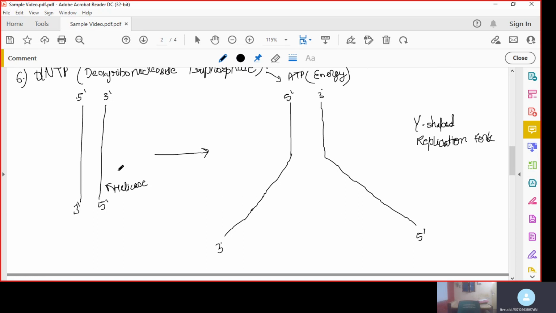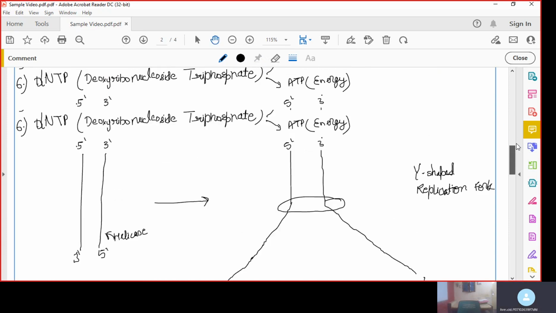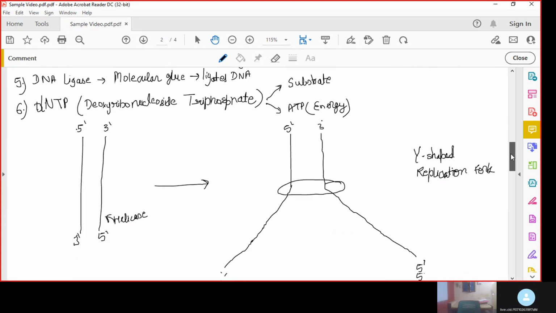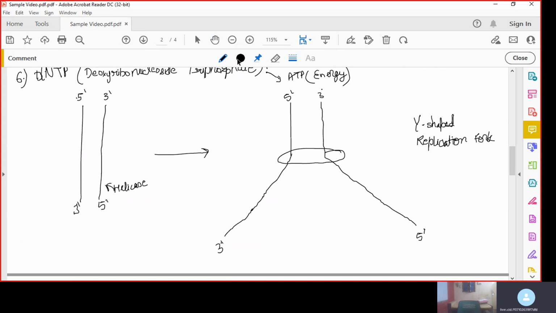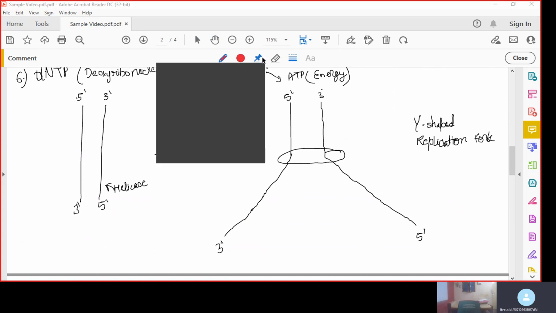Then topoisomerase. What topoisomerase does is seal the DNA here, so that replication from the ori site doesn't proceed further and occurs only till here. Now comes the primase. Consider that the primase has synthesized the primers.